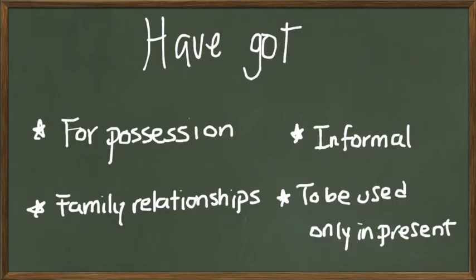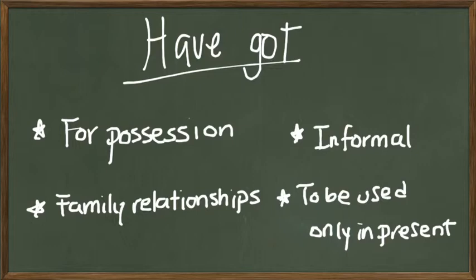Okay, the third item is very simple. I'm not going to over-explain here. The expression have got. Don't forget that this is only an expression, and it's not really worth examining it too much.